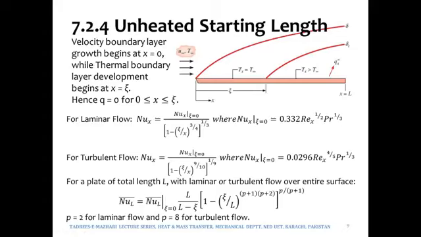Now for the laminar flow, we have this expression which says the local Nusselt number is a ratio of Nusselt number at zeta equal to 0 over 1 minus zeta over x raised to the power 3 by 4, whole thing raised to the power 1 by 3.